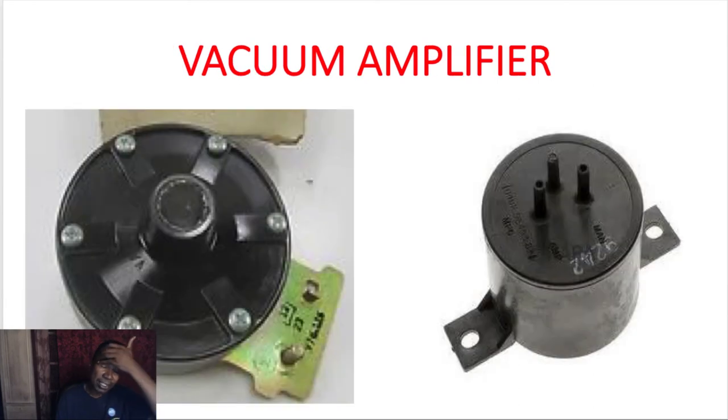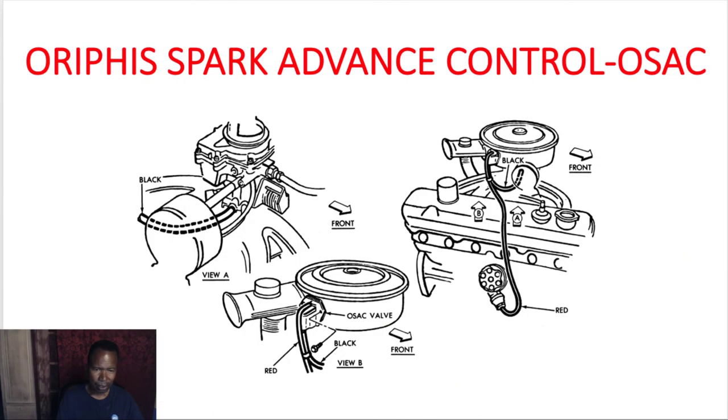This is early Chryslers, another type of vacuum control system. I think they call this a vacuum amplifier, right on top, on Chryslers. They use this type of spark control system. And here's the OSAC system. I think the old Chryslers used this too.